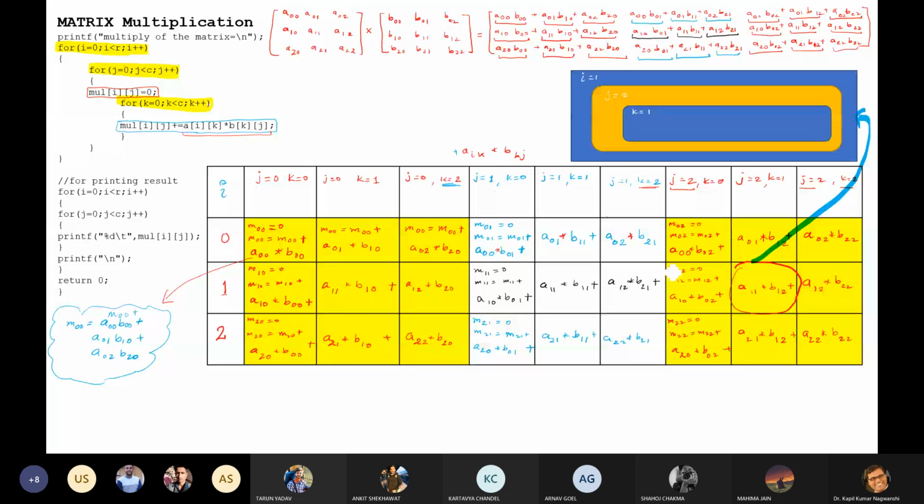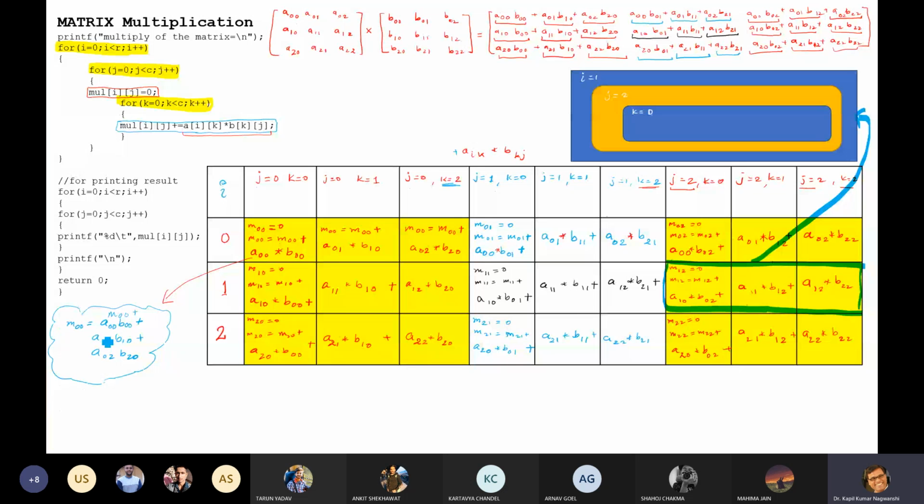So let me erase this also, and I want to explain the whole term. So here k equals 0.